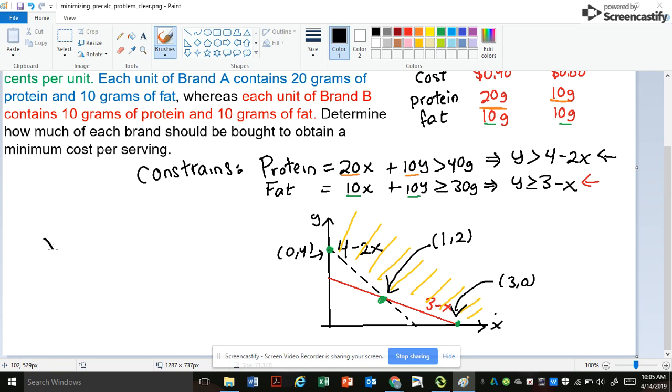So let's write here, this is vertex and cost in dollars. Okay, let's see.